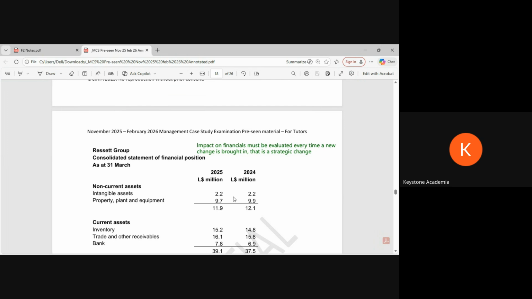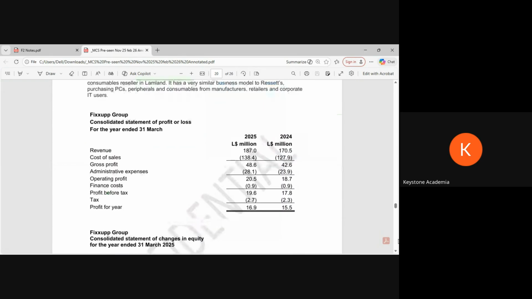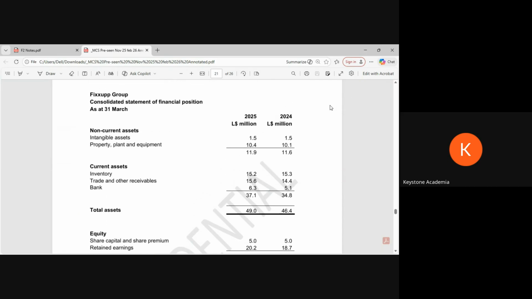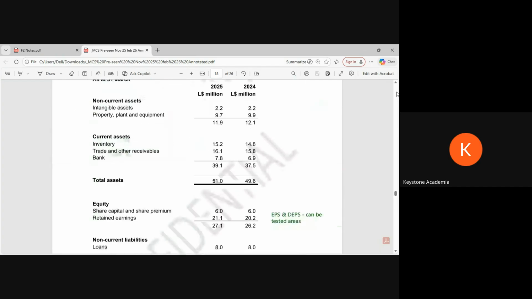And if you see, intangible asset is 2.2 million. Can you see? And if you compare this with Fixup, Fixup has 1.5 million. So almost here they have like 1.5% of their PPE, and for us also it's a good percentage.